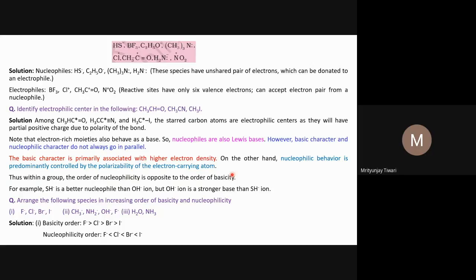Why does nucleophilicity increase? Because with the increase in size, the attraction of these electron pairs to the nucleus of this atom decreases. It means the effective nuclear charge decreases as we go down the group, and so because of that, the polarizability increases.